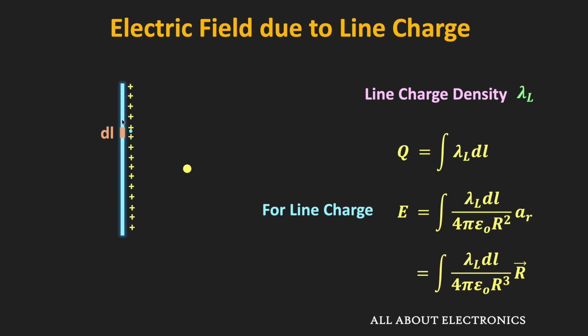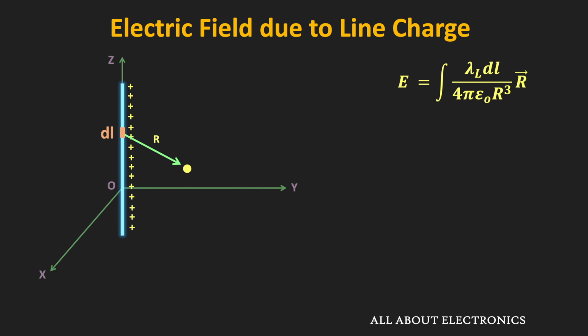Now, let us see how to find the expression of this electric field intensity. Let's say, from this differential length dl, the vector towards the observation point is equal to r. For our convenience, we have placed this line charge on the z-axis.